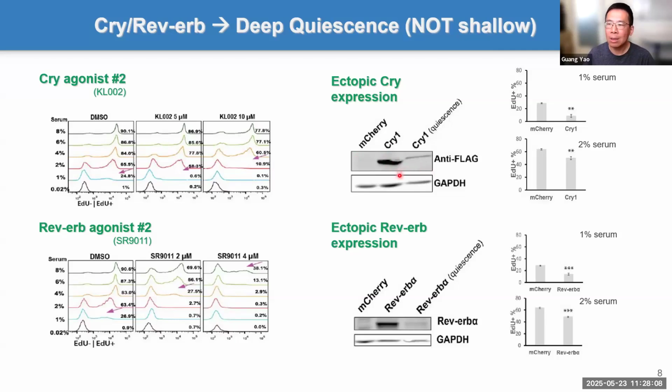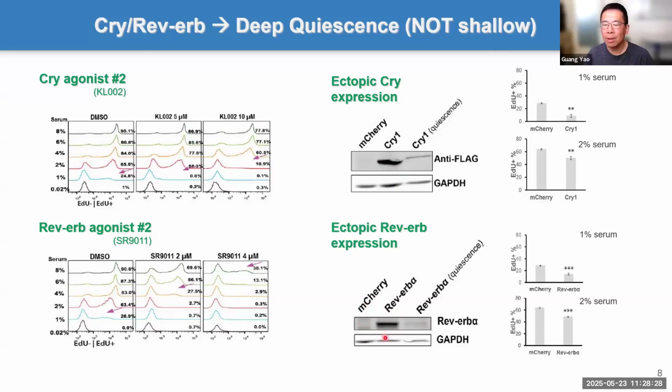This is a Western blot. You can see now we have more Cry, compared to control. We put in the same amount, 10 micrograms, of mCherry as a control transfection, so there's no Cry there. Or RevERB, we can overexpress as well.